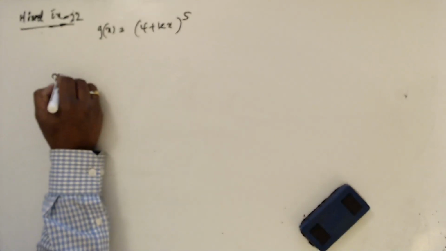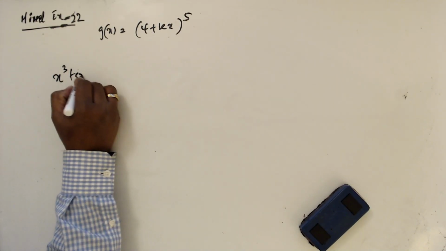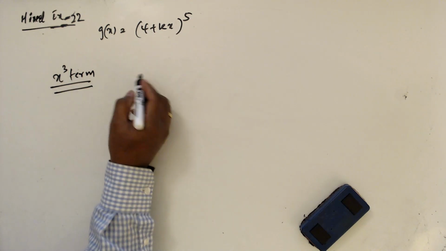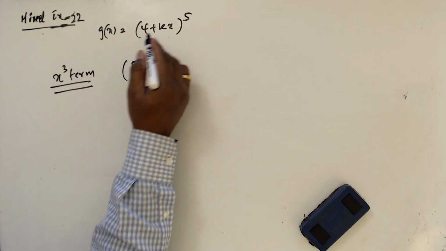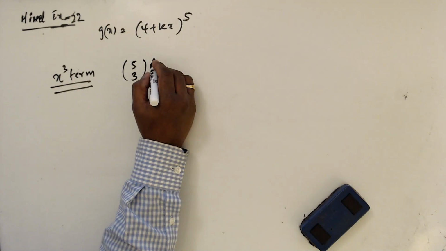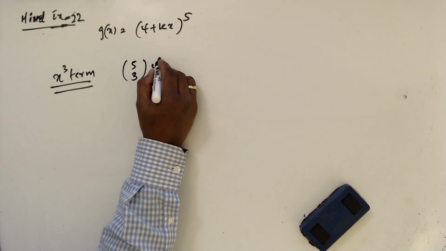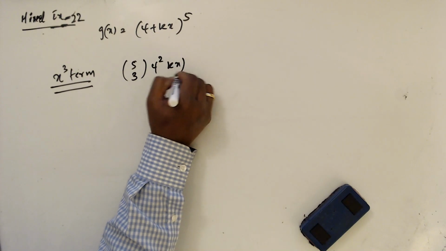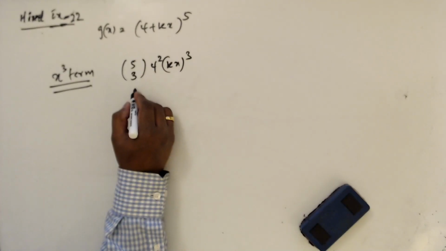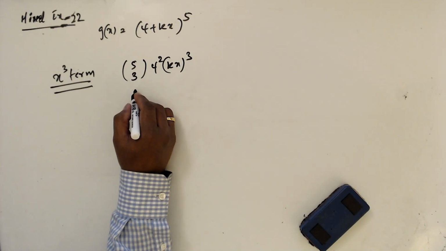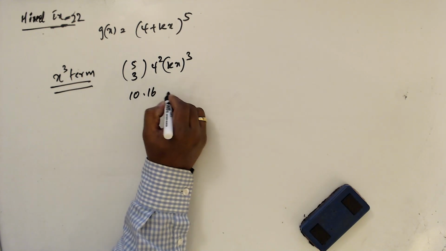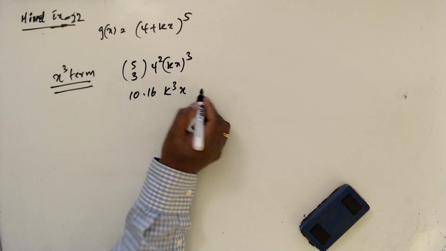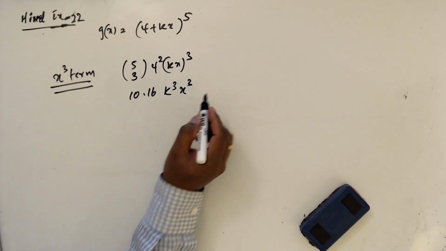We want to find the coefficient of the x cubed term. First of all, write the x cubed term. So this is going to be 5C3, and then 4^2 kx cubed. So 5C3 is going to be 10, 4 square 16, k cube x cube.